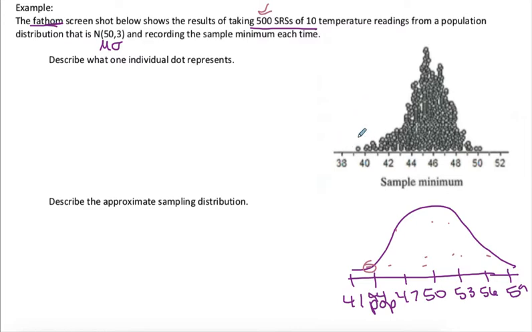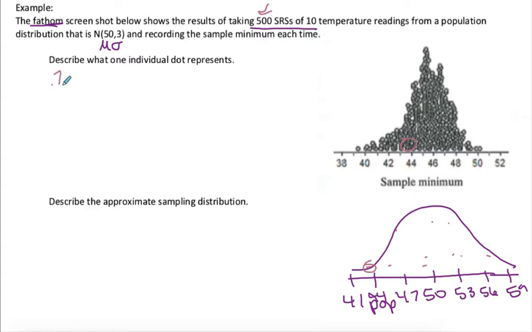And so typically we won't be asked to do the sampling distribution. They will say, here's the results of doing it. And so 500 samples, we start to see kind of this distribution that's being taken on. So if I looked at one particular dot, so any dot inside of here, whether it was this one, or this one, or this one, or this one, or any one inside of here, the lowest one, the highest one, what would one individual dot represent?